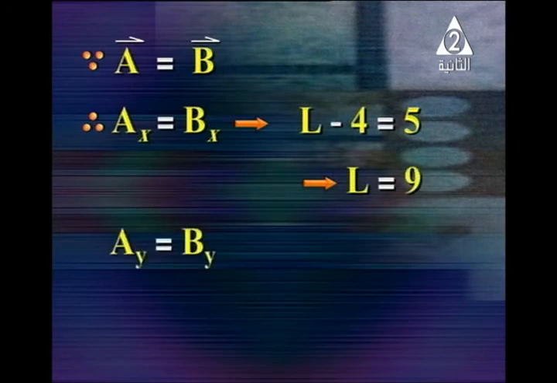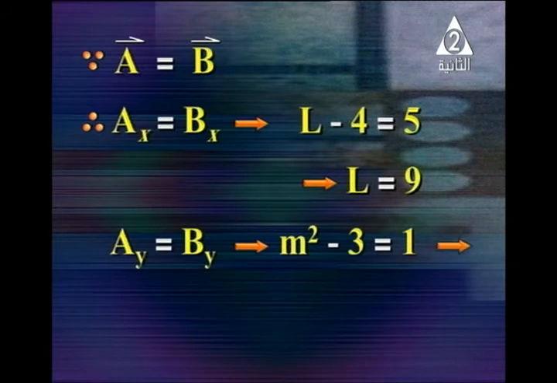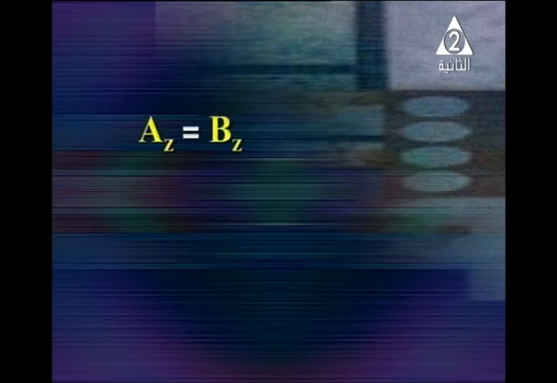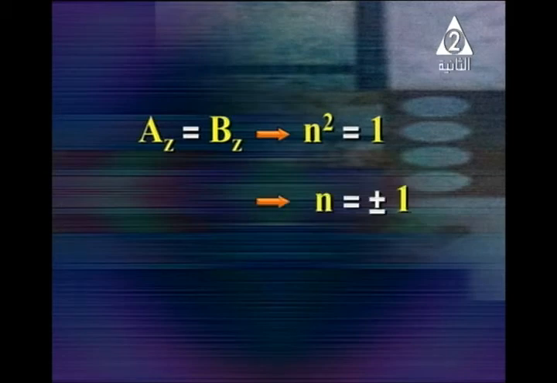Also AY equals BY. What do you deduce? M square minus 3 equals 1, then M square equals 4. M equals what? Positive or negative 2. Also AZ equals BZ, then N square equals 1. What is the value of N? Positive or negative 1.